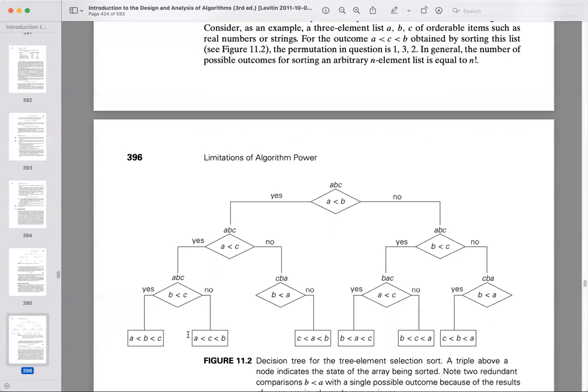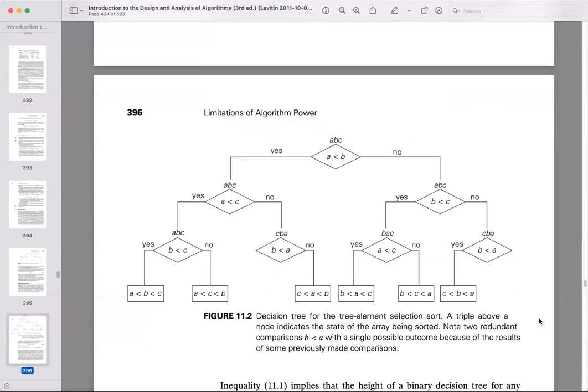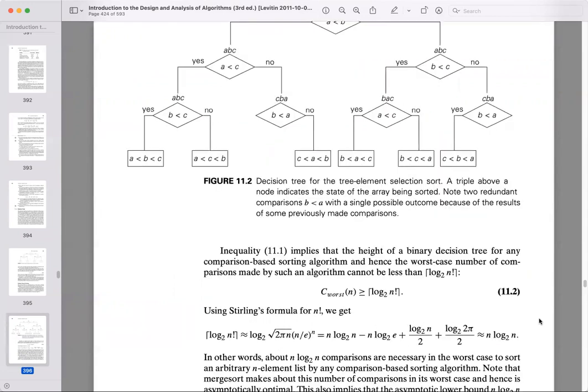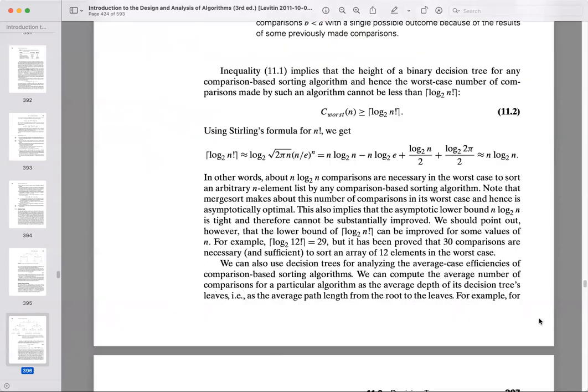Note that we have B less than A here and also here. It's just something we need to do because we have to handle the outermost, A, and then B and C have to be done separately, no matter what the first thing is. That gets us through more math than we care about, using Stirling's formula to get n log n, which is what we know for our sorting.